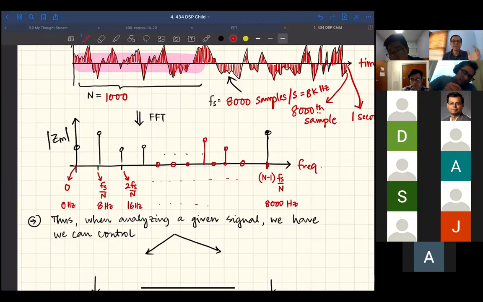So what we've said is, if you sample your voice signal at 8,000 hertz and you take a 1,000-point FFT, then you are going to represent that signal with basis rotations, where the rotations have frequency 0, 8 hertz, 16 hertz, 24 hertz, 32 hertz, so on, all the way till 8,000 hertz.